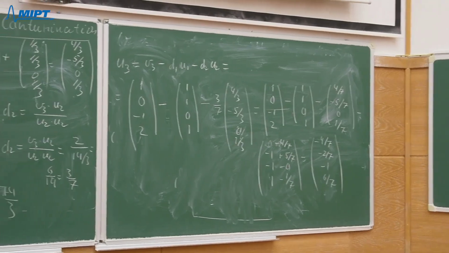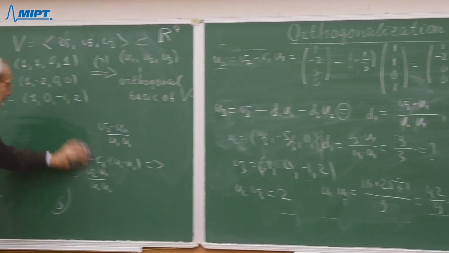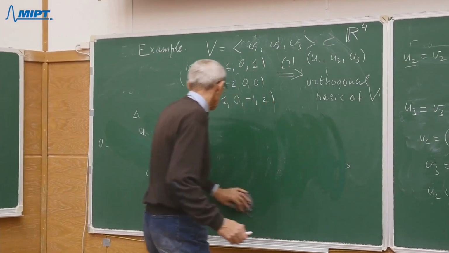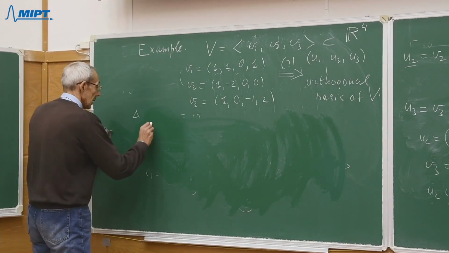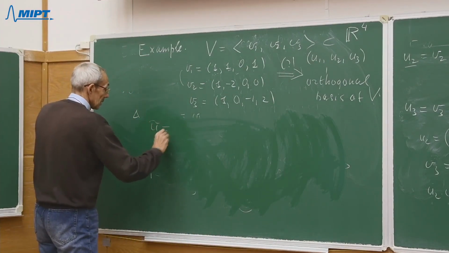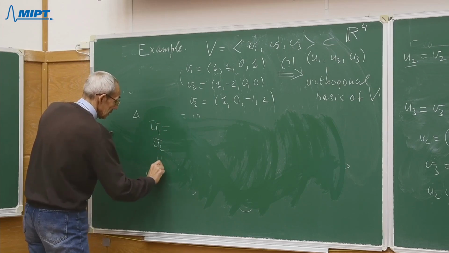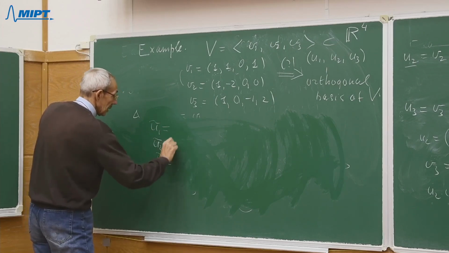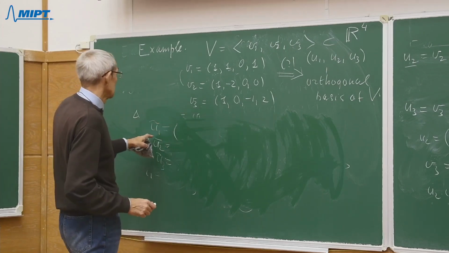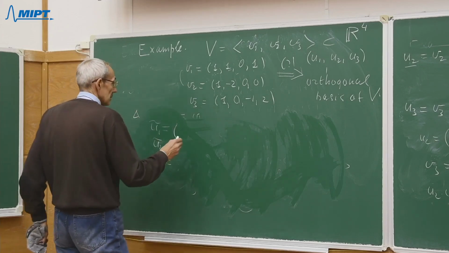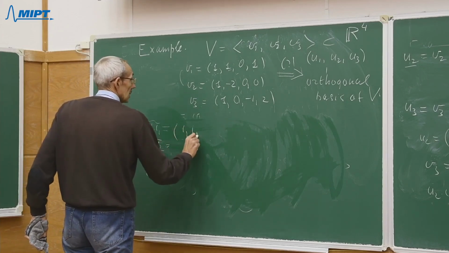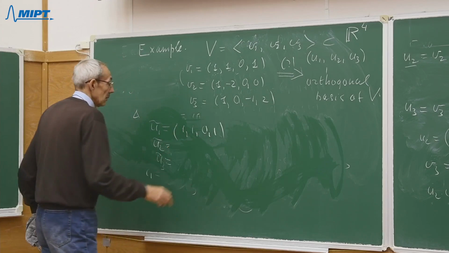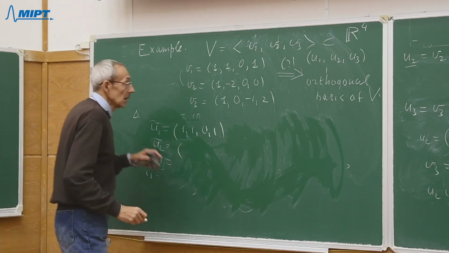And we change this system. Our new orthogonal system, which we denote by U1 tilde, U2 tilde, U3 tilde, has the following coordinates. U1 tilde is equal to V1, which is equal to U1, with coordinates 1, 1, 0, 1.